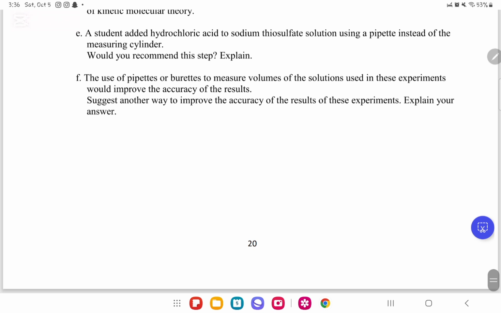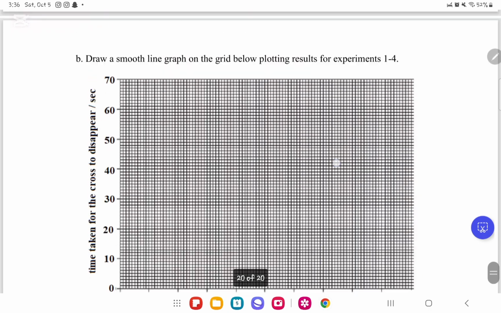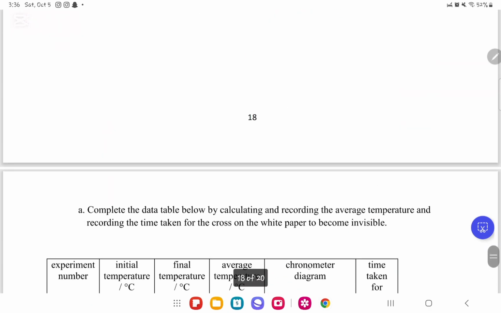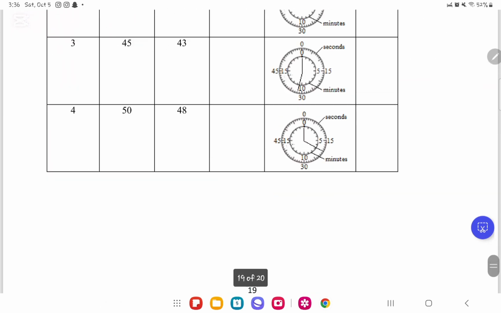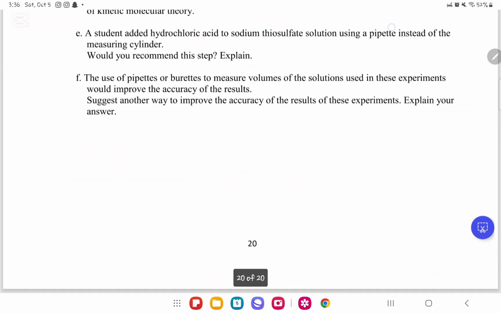And now finally for F, the use of pipettes or burettes to measure volumes of the solution used in these experiments would improve the accuracy of the results. Suggest another way to improve the accuracy of the results of these experiments. Definitely, he's doing this in the lab. So in the lab, for sure, there will be heat loss from the surroundings.